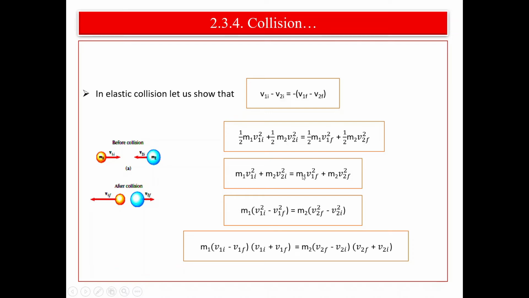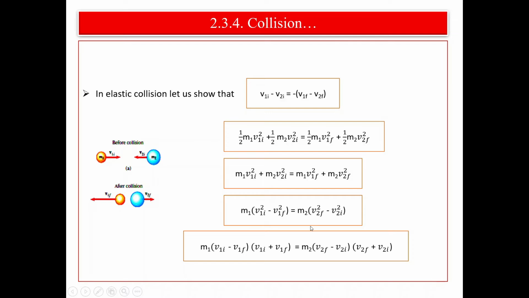On this side we have m2 v2 final square, so take m2 v2 initial to the right side. m2 is common: v2 final square minus v2 initial square.